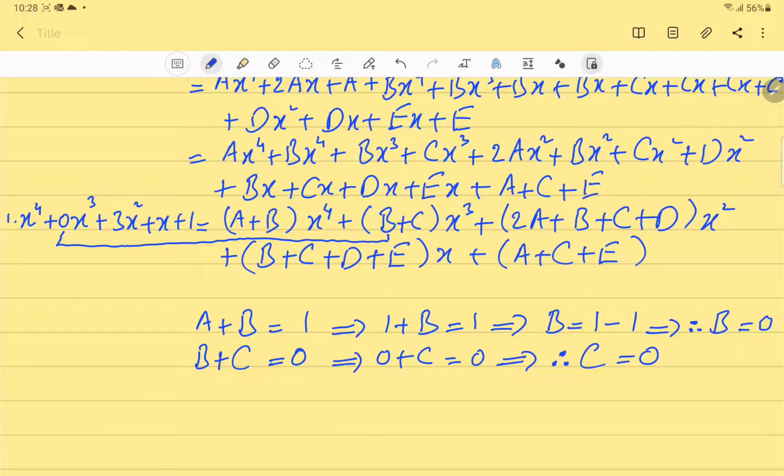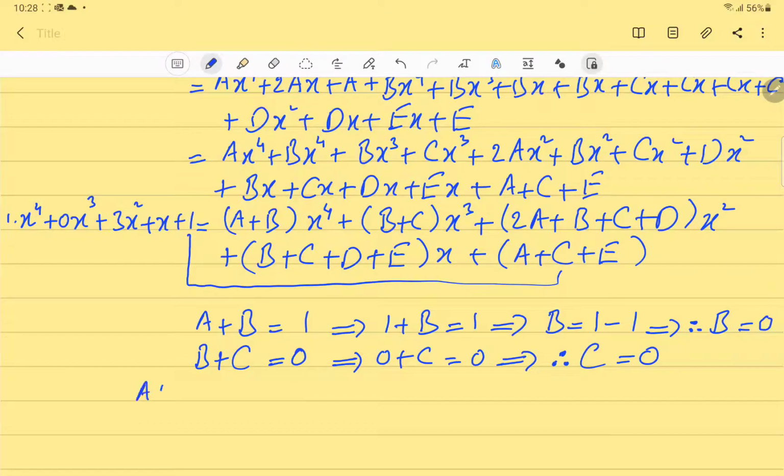Now we will compare the coefficients of the terms which are without x. So let's do that. It is this one. So a plus c plus e is equal to 1. The value of a is 1.